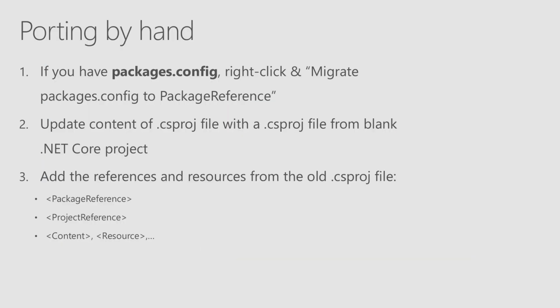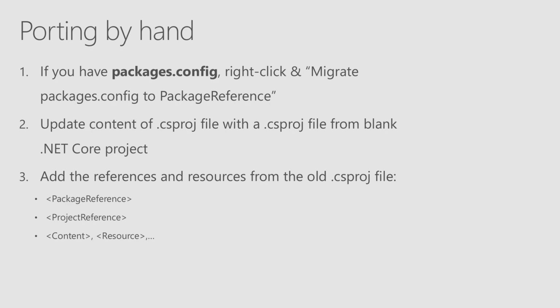The next step is to update the content of your project file with the new SDK format. The easiest way to do it is to create a blank application targeting .NET Core. If you are porting a WinForms app, then create a WinForms app targeting .NET Core. If you're porting WPF, then WPF. Open the project file, copy everything from it, and paste it in your current project file.